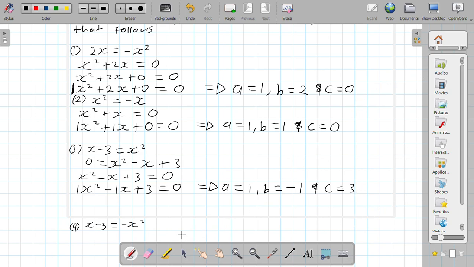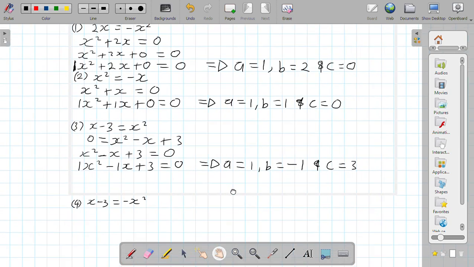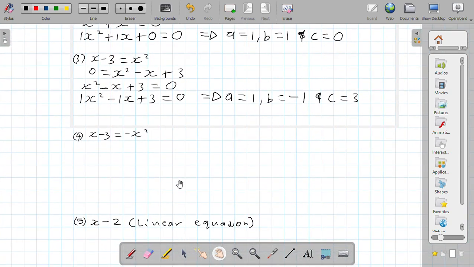So remember, before you continue watching, you must pause slightly to work it out on your own, number 4 as well as number 5. So for number 4, we're having x minus 3 is equals to minus x to the power 2. So as I told you, my preferred way of doing this, I prefer my value of a to be positive. So on the right, as you can see, we are having negative x squared.